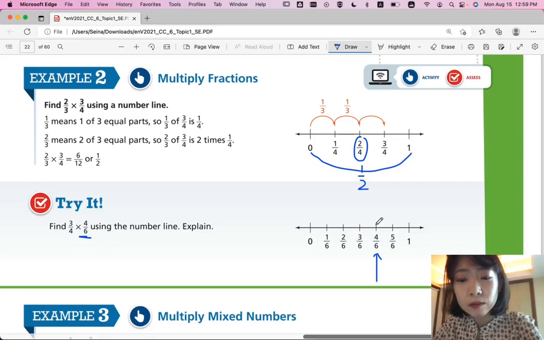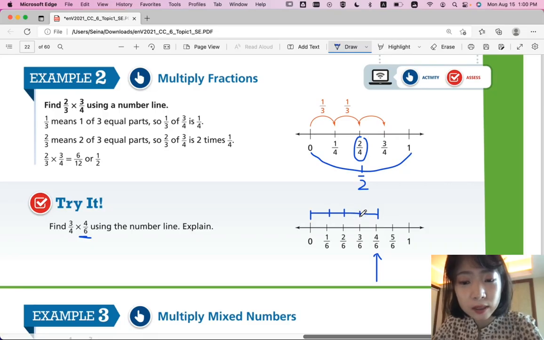And 4/6 is already divided into 4 equal parts here. 1, 2, 3, 4, right? And so 3/4 of 4/6 would be just 3 of these. 1, 2, 3 of the 4 equal parts.